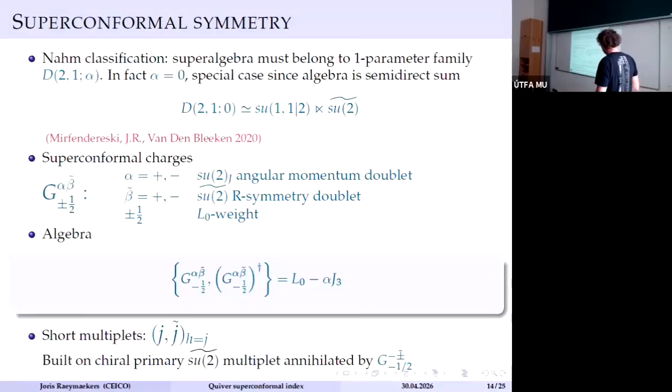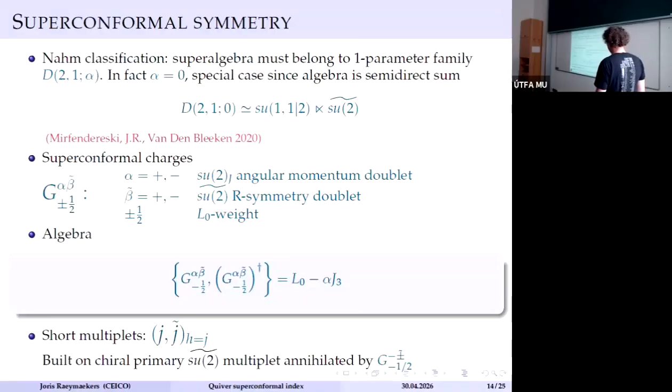Anyway, the superconformal charges you can compute from these Lagrangians that I showed you. Again, they are labeled by two doublet indices under the two SU(2) R symmetries, and labeled by a plus or minus 1/2 index, which is the weight, and this is a part of the superconformal algebra that they obey.